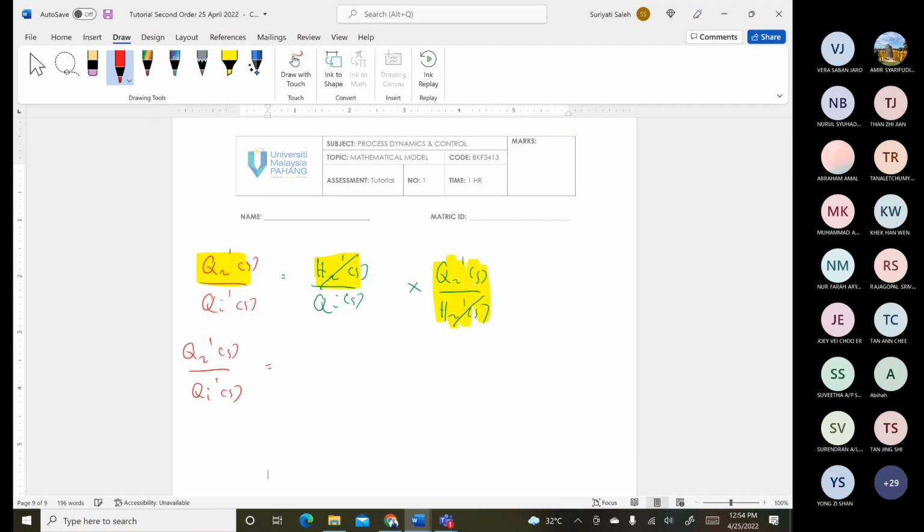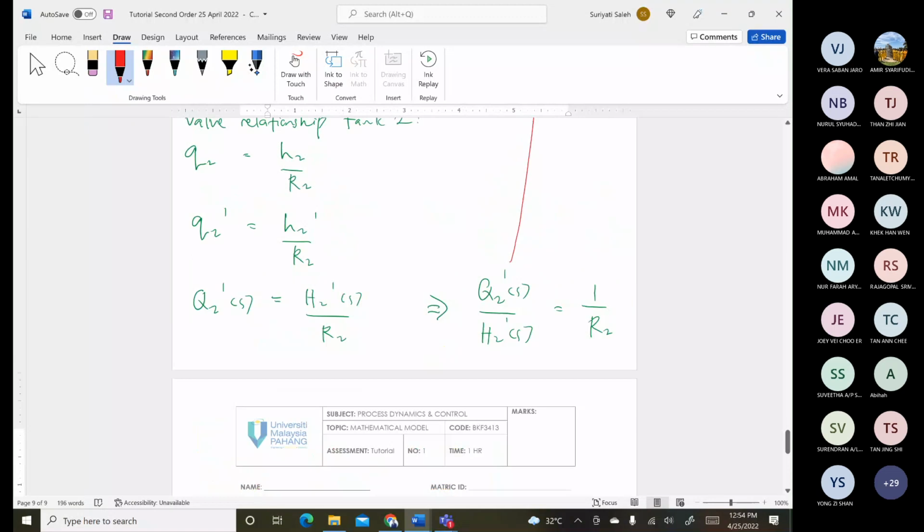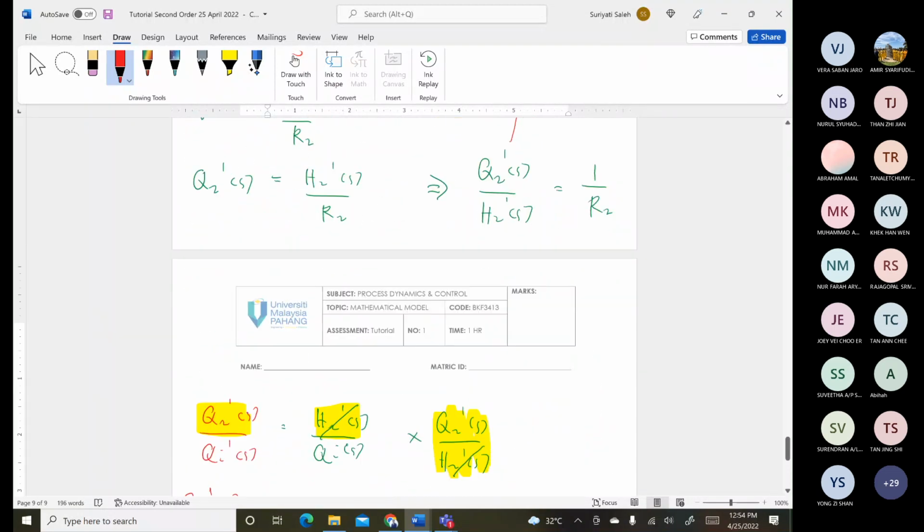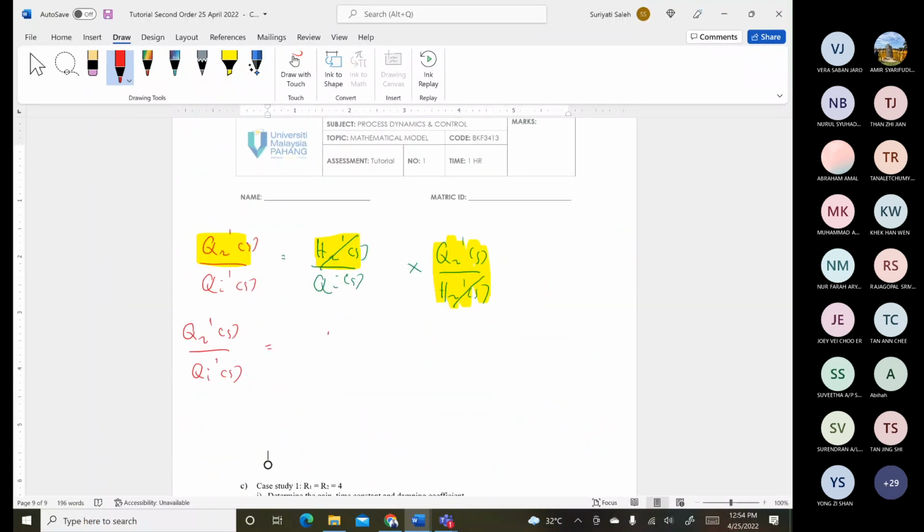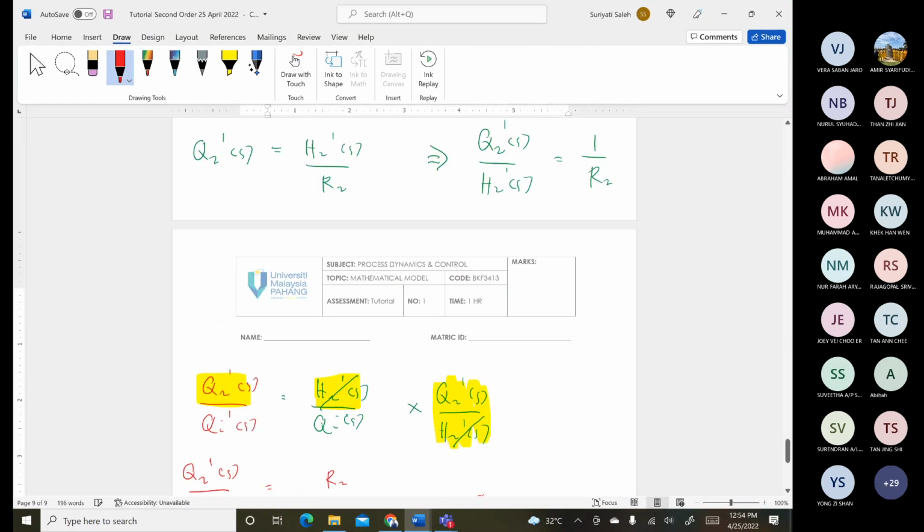So since the transfer function can be cancelled, we just include the overall transfer function where H2 over Qi is R2 over (A1 R1 S plus 1)(A2 R2 S plus 1), multiplied with the Q2 over H2, which is 1 over R2.